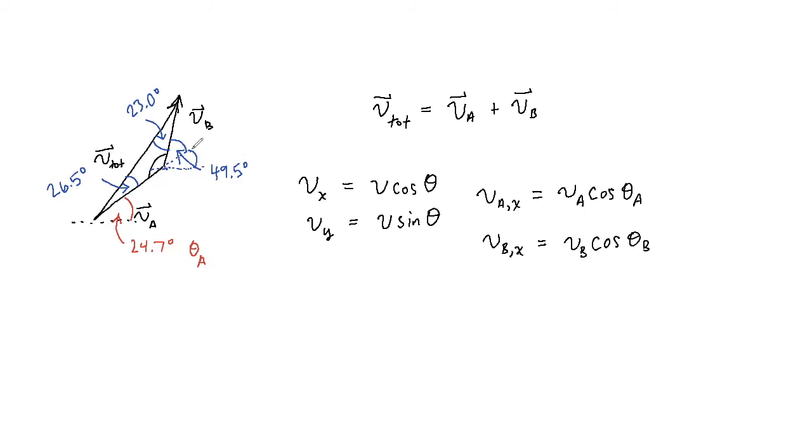So that means that the angle that B makes with the horizontal is going to be the sum of the 49.5 and this angle here. So we would say that theta B is equal to 49.5 plus theta A.